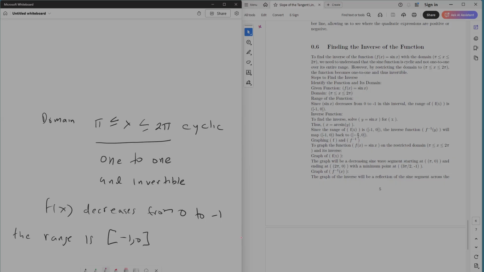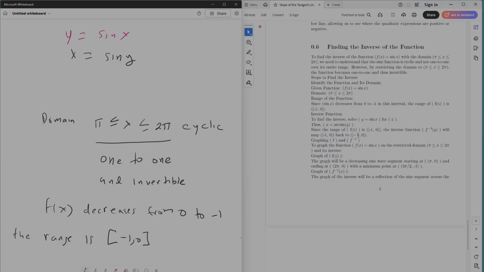So to find the inverse, we're going to switch and let x equal sine of y. We switch x and y, and we solve for y.